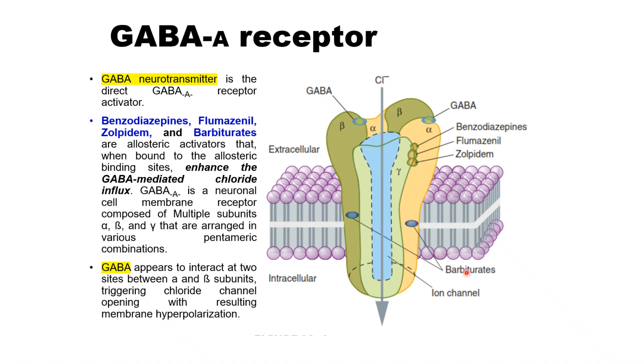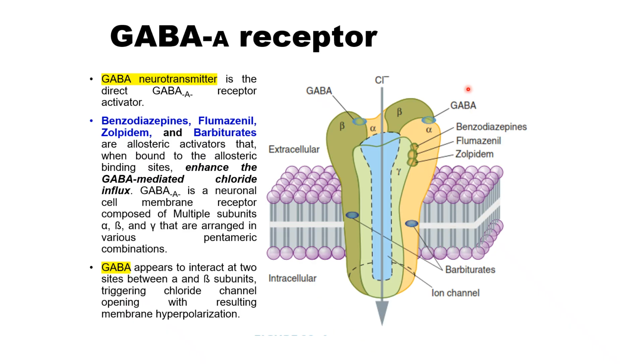This means that the cell membrane will be stabilized, and that's why GABA and its receptor are considered as neurosuppressants. They suppress the activity of the neuronal impulse initiation and propagation through the central nervous system. That's why they are considered as CNS depressants.